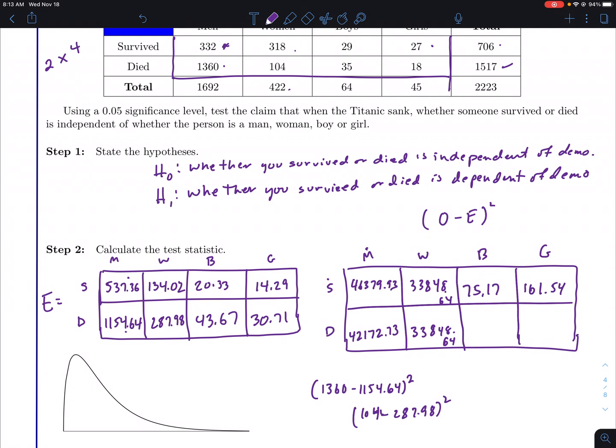So then the boys, we're going to get 35 minus 43.67 squared. So we get 75.17.